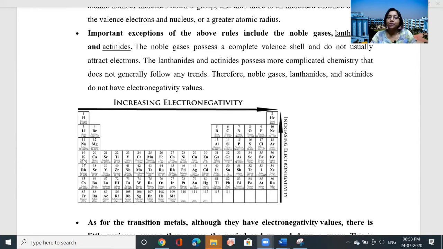You can, because electronegativity increases in that order. Electronegativity will be higher for hydrogen, then lithium, then sodium, then potassium. Potassium is the lowest, as it increases from bottom to top.